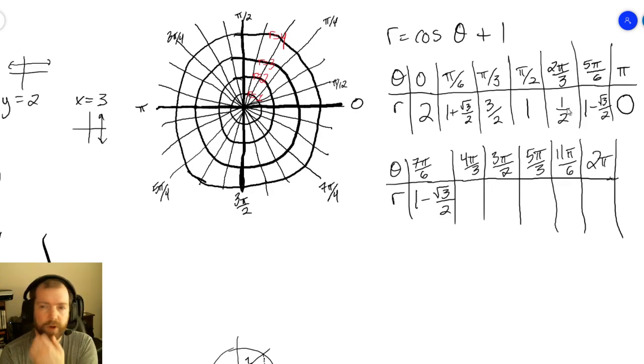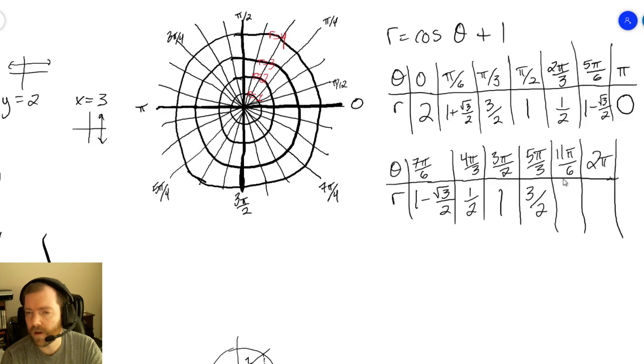So 4 pi over 3, this is going to be the negative 1/2. Add 1 is a 1/2. 3 pi over 2 is going to be the same as pi over 2, so that's going to be a 1. 5 pi over 3 is going to be the same as pi over 3, so that's going to be a 3/2. 11 pi over 6 is going to become 1 plus root 3 over 2. And 2 pi is going to become 2.